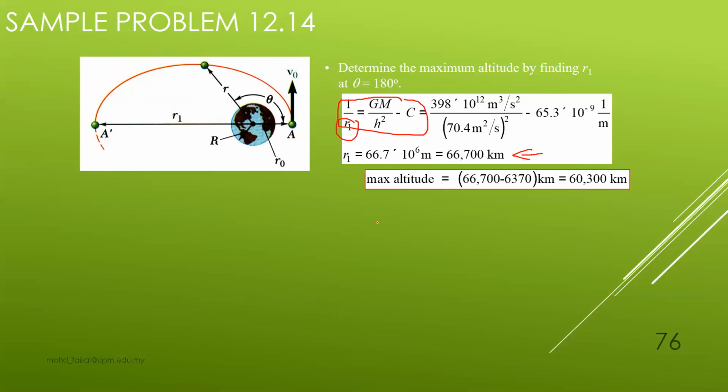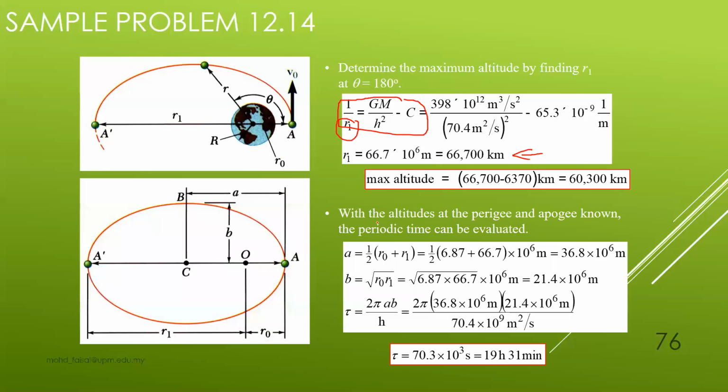Now we have the value of the maximum distance and the minimum distance, the apogee and perigee. Now we can get the periodic time that we are looking at. Use this formula, which is given like so.